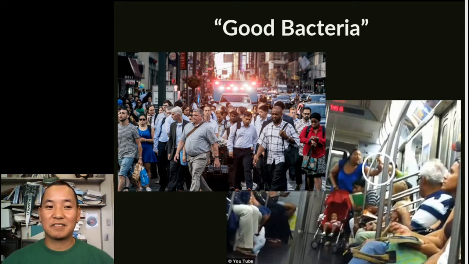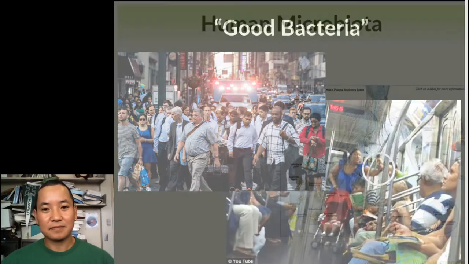Good bacteria are kind of like that. They're thriving, but if bad bacteria get out of hand, they keep them in check. If pathogenic bacteria get on your skin, good bacteria that are normally found there and not pathogenic help to prevent the growth and invasion of pathogenic bacteria.